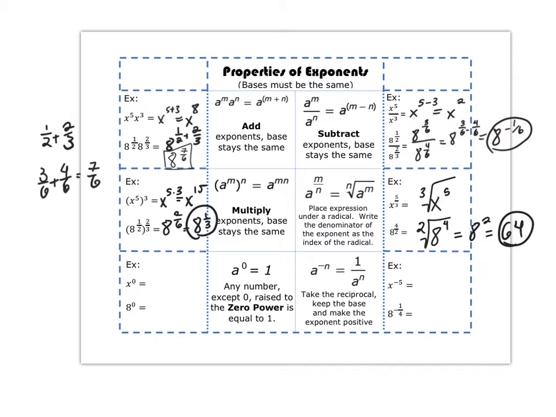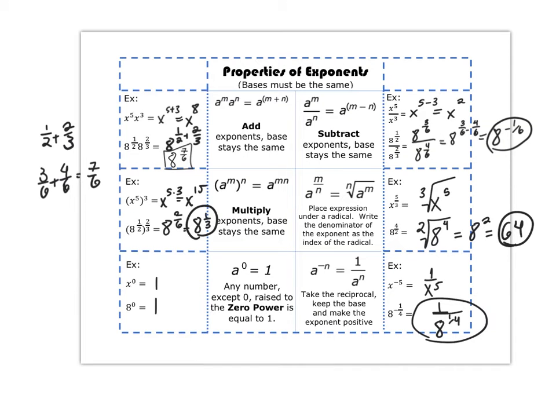Just as before, we know that any number raised to the power of 0 is 1. And then again, if you have a negative exponent, you move the base to the denominator and make the exponent positive. So x to the power of negative 5 would be 1 over x to the 5. And x to the power of negative 1/4 would be 1 over 8 to the 1/4. And of course we could simplify that further, but for now I'm going to leave it here because we're focusing on this one rule.